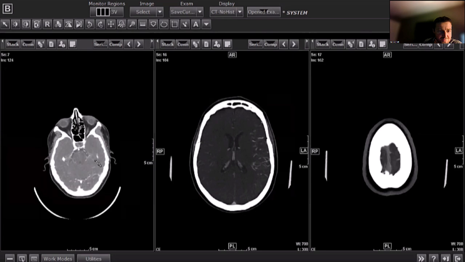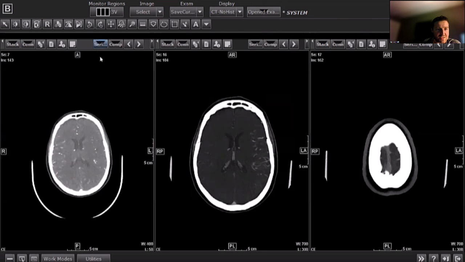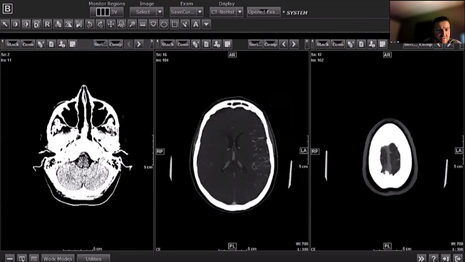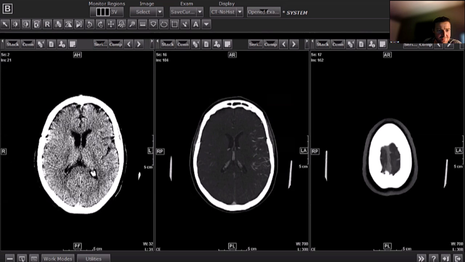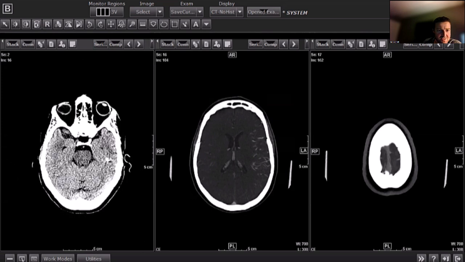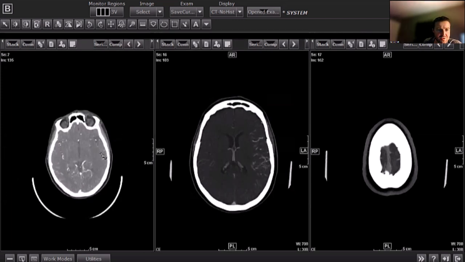As we can see, there's an abrupt cutoff of their left M1 segment on the arterial phase. There's early smudging of the caudate lentiform and insula. Arterial phase images, we've actually got fairly good flow distal. This is again like that other case that I showed you.